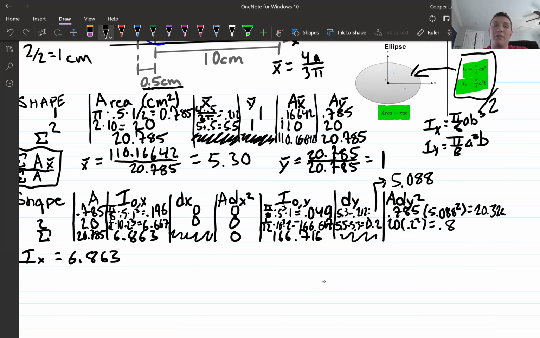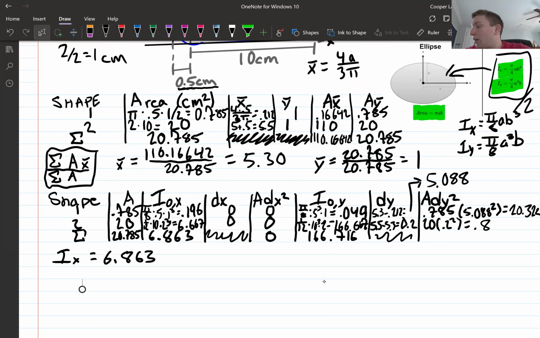So now I'm going to add these values together, and I'm going to get about 21.122.